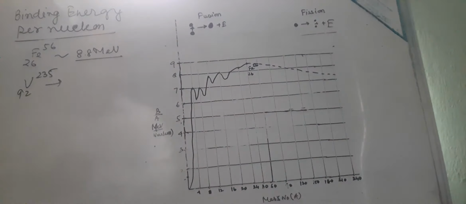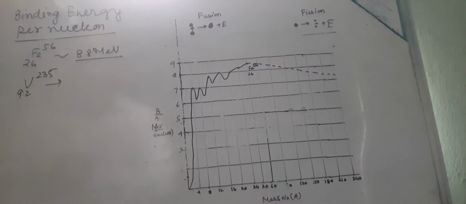This 0.8 MeV per nucleon multiplied by 235 gives approximately 188 MeV, the large amount of energy released in nuclear fission, when the heavy nucleus is split into smaller fragments.